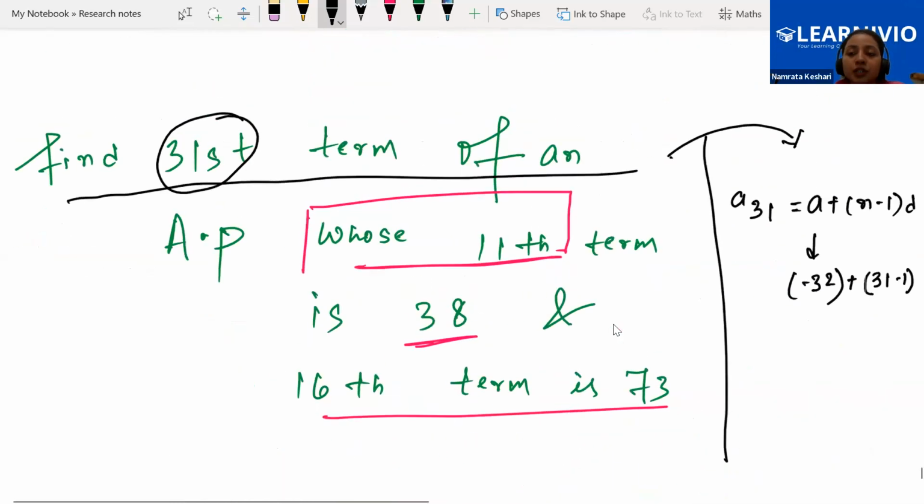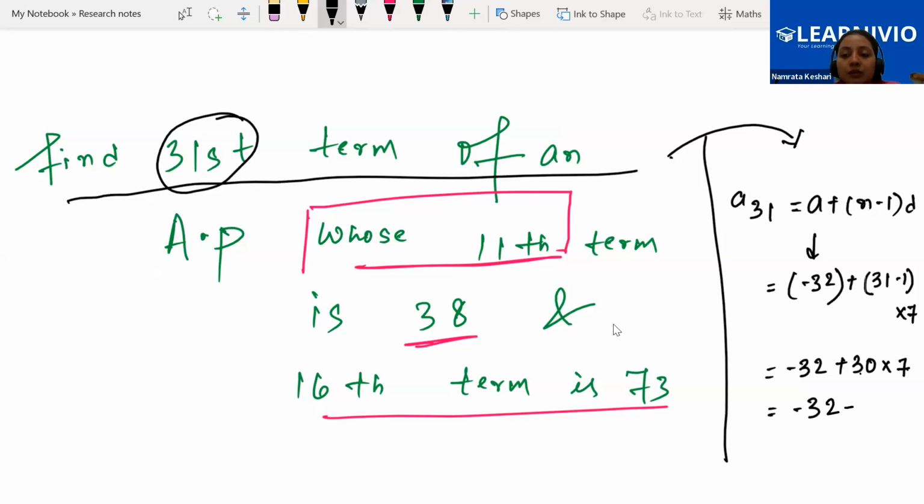We will substitute everything and calculate the 31st term, that is minus 32 plus 31 minus 1, that is 30 into 7. If we do the calculation using BODMAS, which says to solve multiplication first and then addition and subtraction, 7 threes are 21, like this. So we are getting 2, we are getting 4. Am I doing anything wrong?